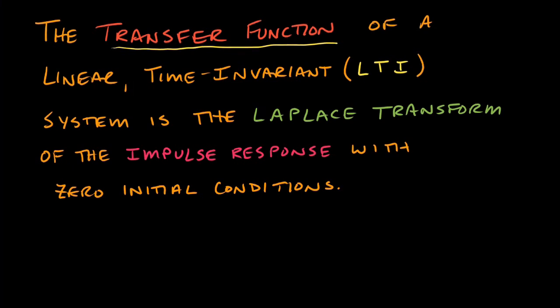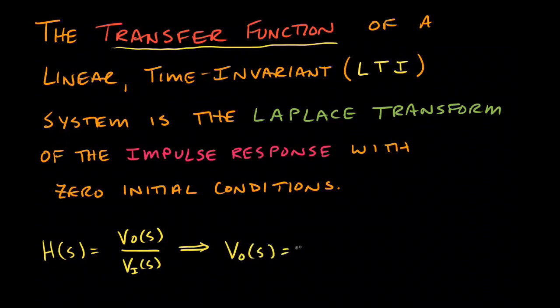Okay, so what this really means for us, if you recall, we wrote the transfer function H of s equal to V out of s over V in of s. Okay, so what we can actually get from that is, if we rearrange this, we know that V out of s is going to equal V in of s times H of s.